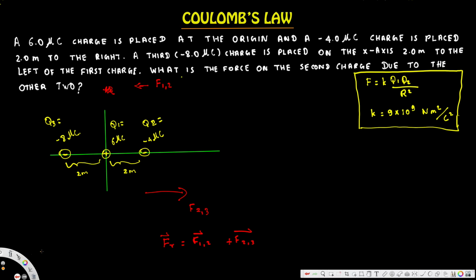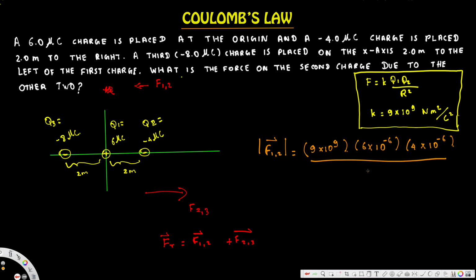Okay, now let's go ahead and do the calculation. Let's find F12. To find F12, we have to look at the charges Q1 and Q2. K is 9 times 10 to the power of 9. Q1 is 6 microcoulomb, so this is 6 times 10 to the power of minus 6. Q2 is negative 4 microcoulomb, but since we are looking at the magnitude, we just keep the positive one, 4 times 10 to the power of minus 6, divided by the distance, 2 meters, squared.